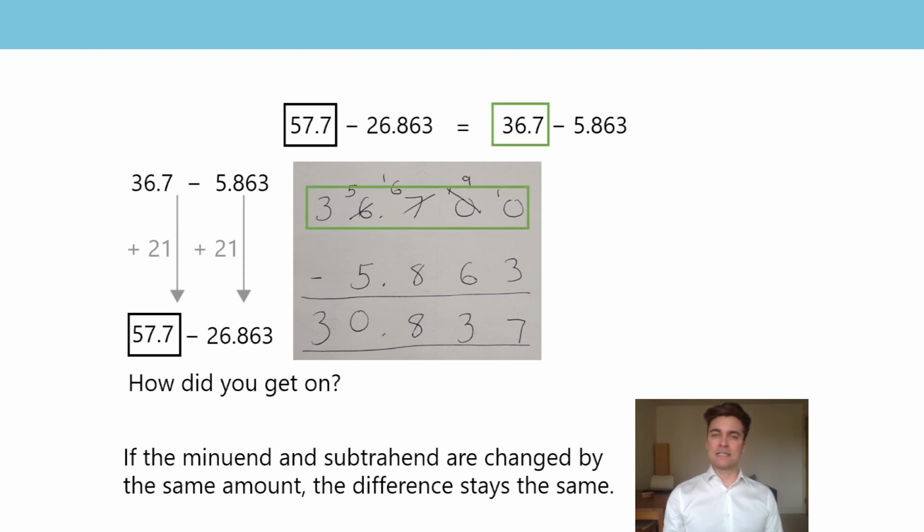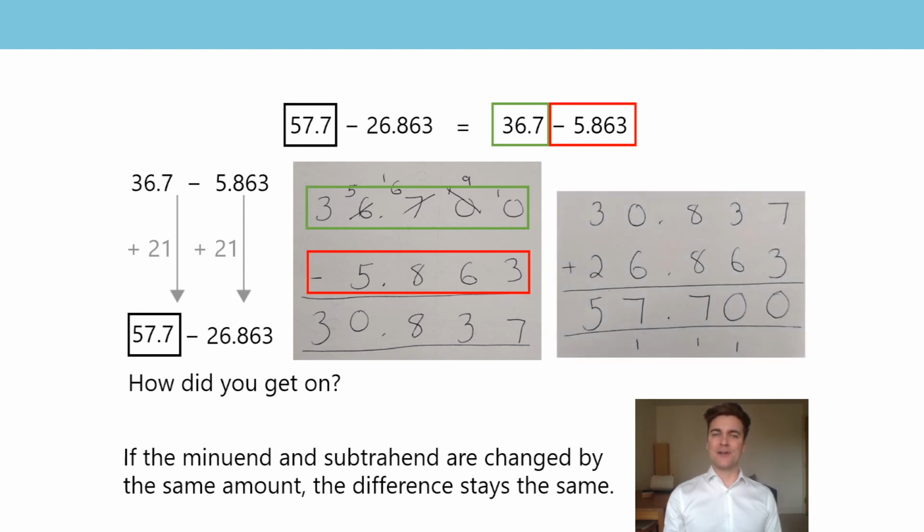The minuend and the subtrahend from the expression on the right, I can subtract to find the difference, 30.837. And I know that if I add that to the known subtrahend, I will find my missing minuend, 57.7.